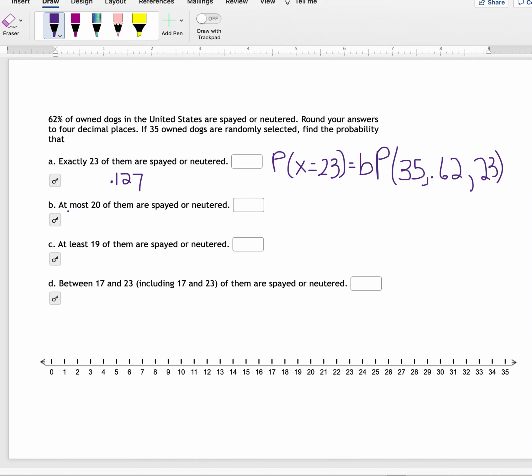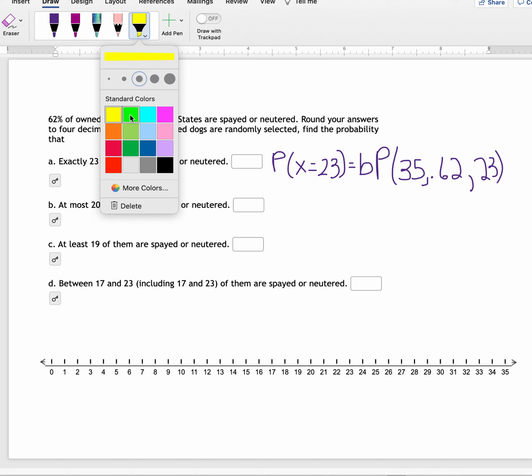Now, for the next part, it says at most 20 of them are spayed or neutered. So at most means we want 20 to be the highest value. So I've got this number line down here, and I know a lot of you don't like writing things out and you want to do it the quickest way possible, but sometimes writing it out is going to prevent you from making a mistake.